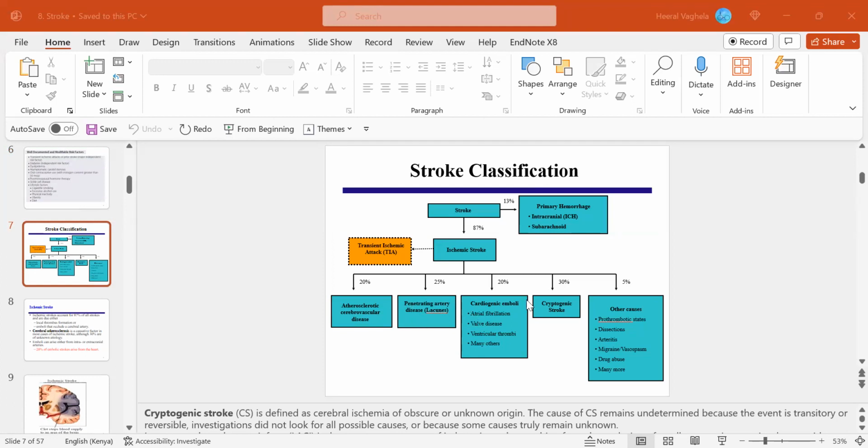Penetrating artery disease or an emboli that now blocks an artery in the brain. Cryptogenic stroke, and others that you can see over here.